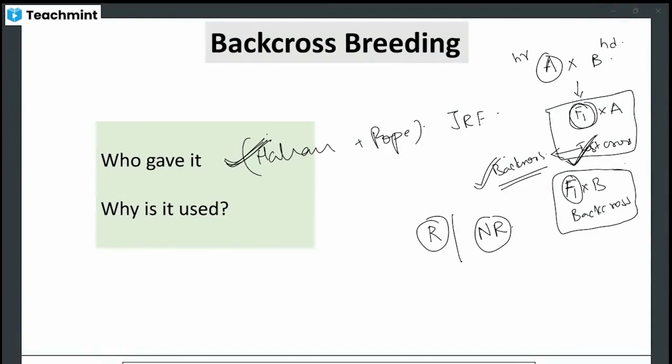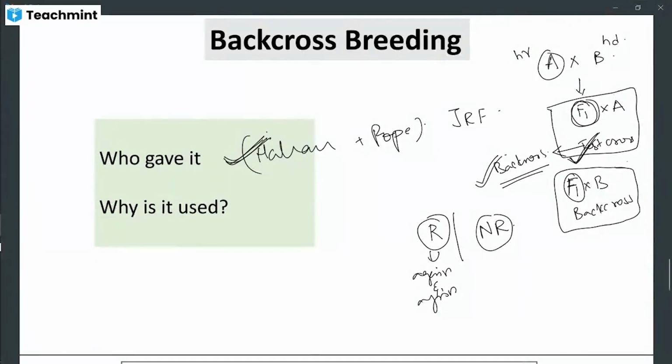Yes, the exact meaning of recurrent is again and again, repeatedly. So if you use the same parent again and again, we call it the recurrent parent. If you use it only once and keep it aside, it is known as the non-recurrent parent. So these two terms: recurrent and non-recurrent.